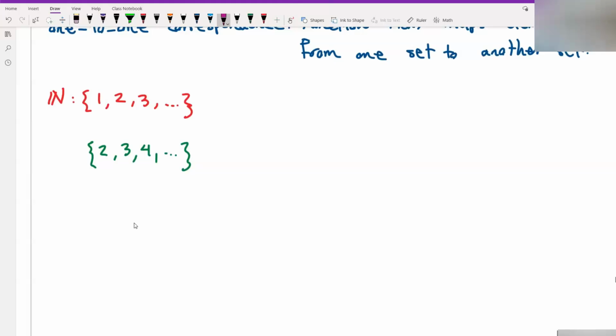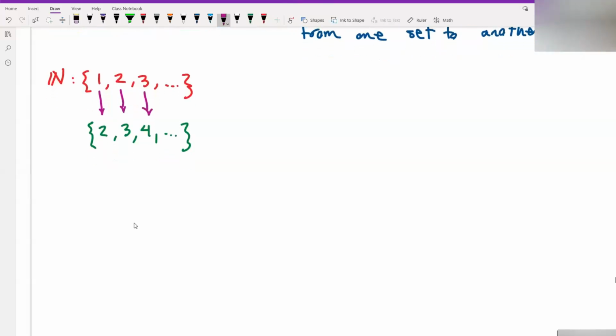Now the question is how we can map 1 to 2, how we can map 2 to 3, how we can map 3 to 4. What we have to do for 1 to equal 2 is obviously add 1. So 1 plus 1 is 2. So here we have to add 1.